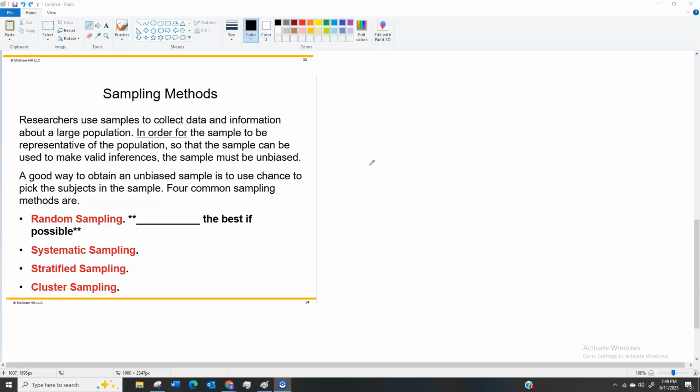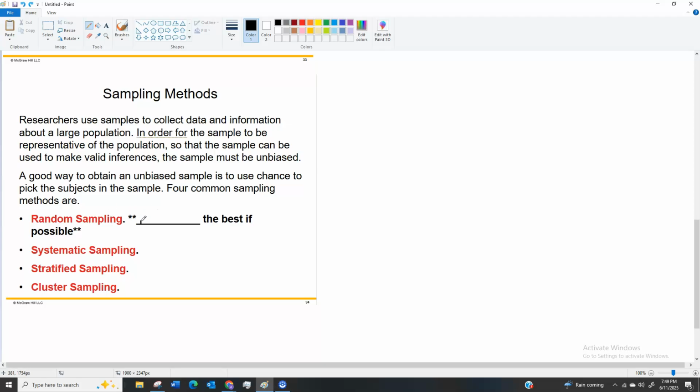And in order for it to be unbiased, you want to pick your subjects by chance. There's 4 techniques to do this: systematic sampling, stratified sampling, cluster sampling can be by chance, but the best by chance sampling method is random sampling.